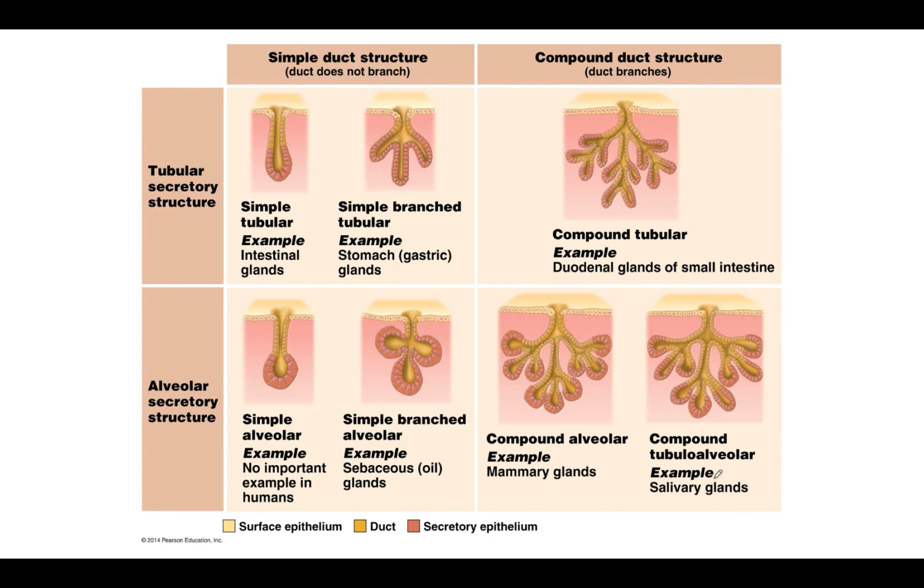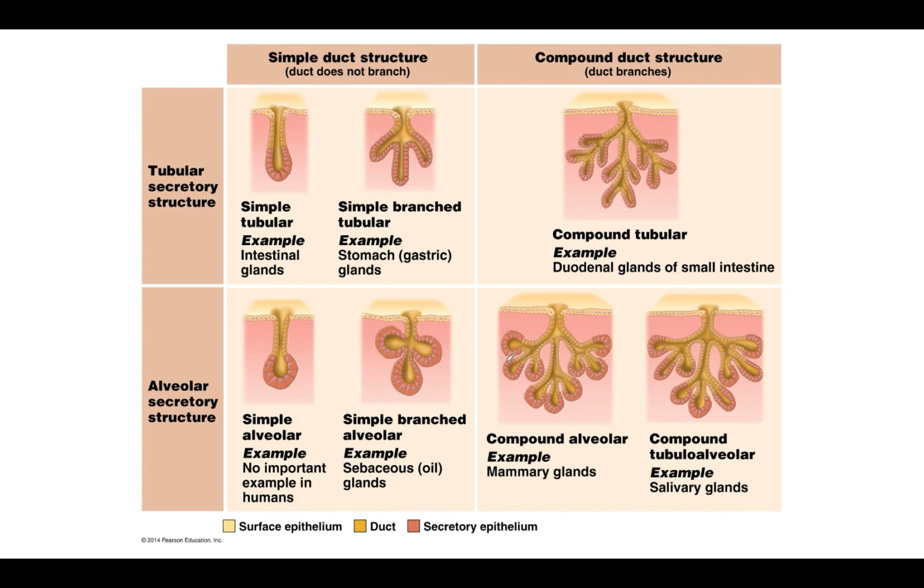The salivary gland has this kind of exocrine gland, and the mammary gland, which secretes milk, has this kind of structure. Okay, so there are some examples of how each gland has a different structure. You can just look at that.